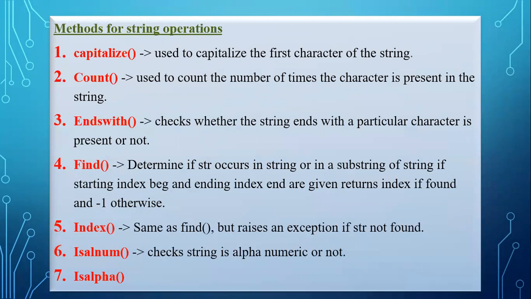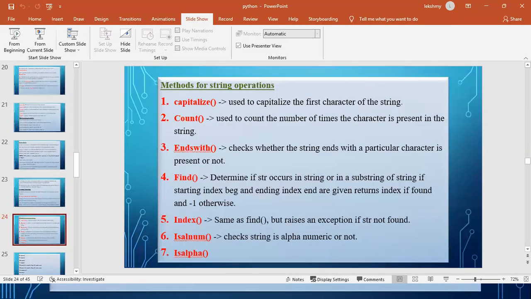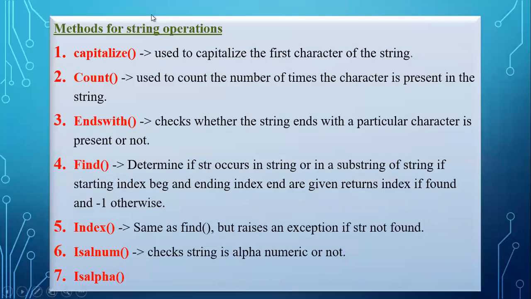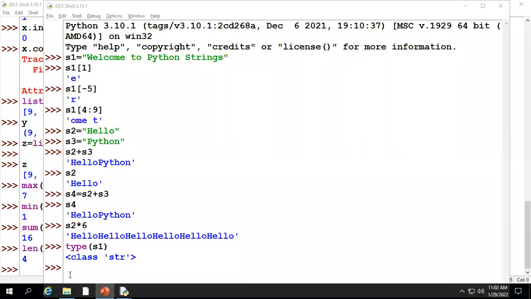Okay. That is used to capitalize the first character of the string. You see here the difference when I use this method capitalize. So S here I'm creating. This is one string S we created.